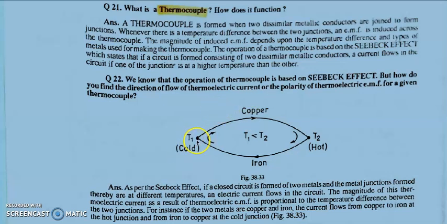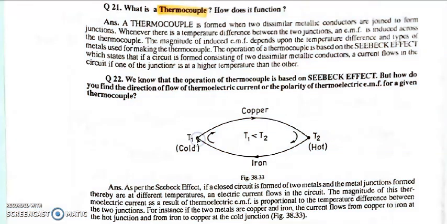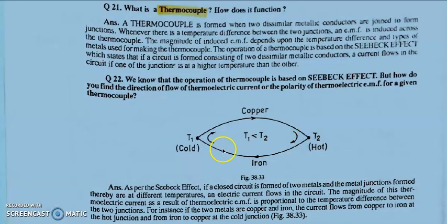If you connect a multimeter in voltmeter range, with one terminal on the cold junction and another on the hot junction, then you will see between these two junctions a DC voltage. So this is the operation of a thermocouple, which is an active transducer.